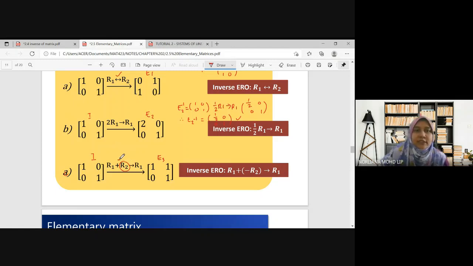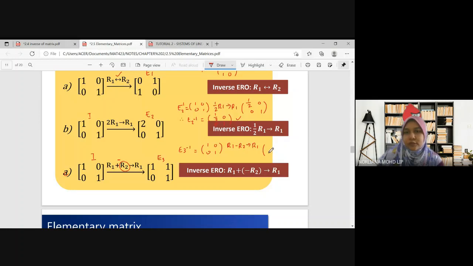So, negative dia akan jadi negative to find the inverse of elementary matrix yang ketiga. So, E3 inverse is equal to 0, 0, 1. Dia akan operation dia terbalik lah. Row 1 minus row 2. Transform into row 1. So, gunakan operationnya kan negative row 2 plus row 1.